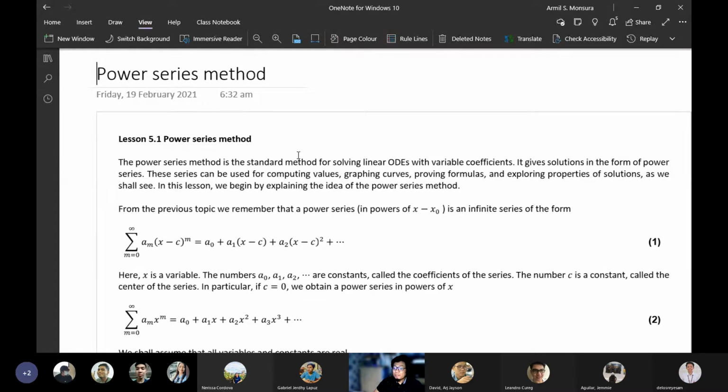Kasi those are special functions: the Legendre function, the Legendre equation, the Bessel equation, and the hypergeometric equations na can be solved using power series method. Okay, so that is why prioritize ko tong part na to.